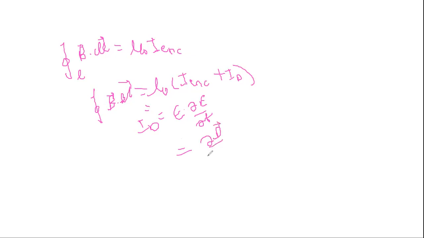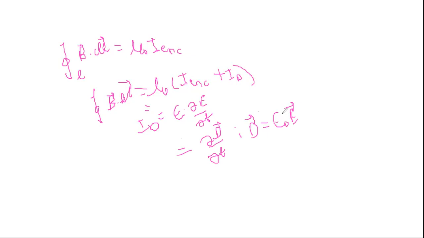The displacement current is del D upon del T, where D is nothing but epsilon naught E, or for a general medium, epsilon times E. Are you getting the point?